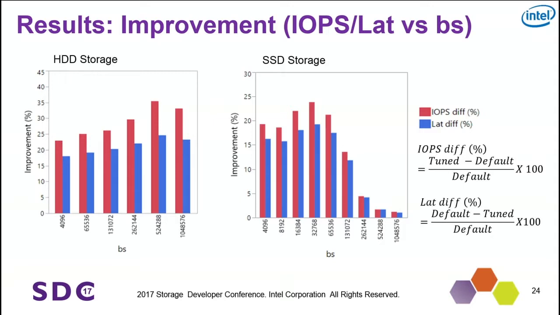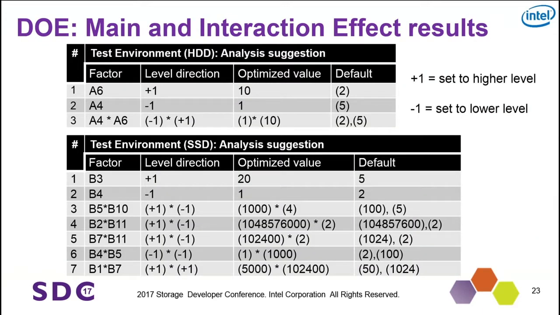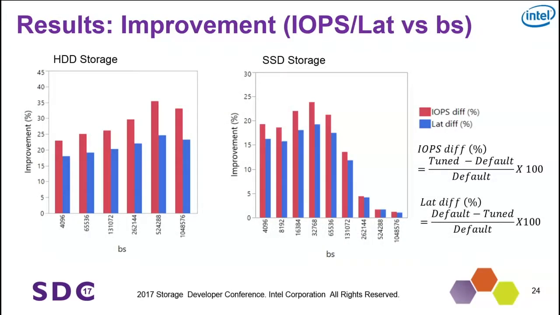I stay with 256K for HDD and 32K for SSD. So I get the combinations from the finding previously. I follow the DOE setting, run the test by changing the block size, and measure the output, and do the same on the default setting.